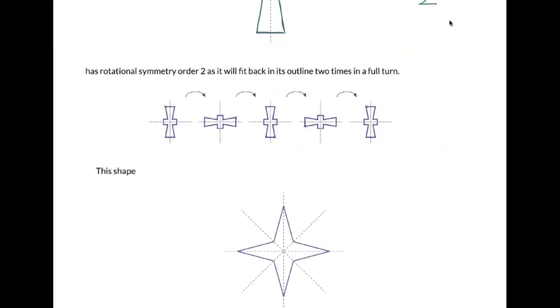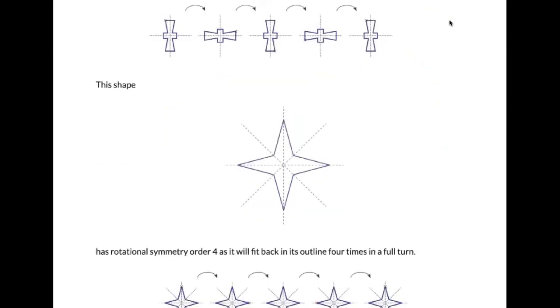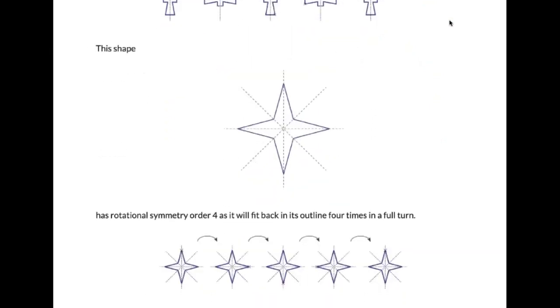What do you think about this shape, the star? What's the order of rotational symmetry of this shape? 4. Okay, that's correct. This has an order of rotational symmetry of 4 because after turning 90°, let's consider this point. After turning 90°, this point is going to come over here.